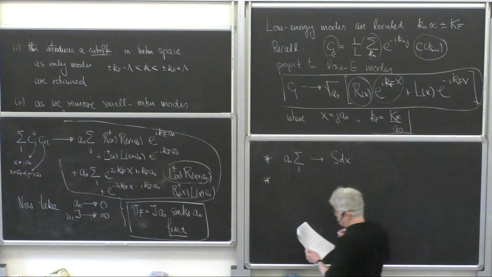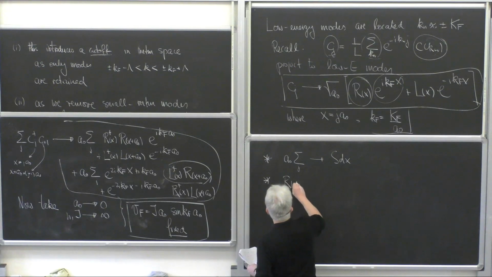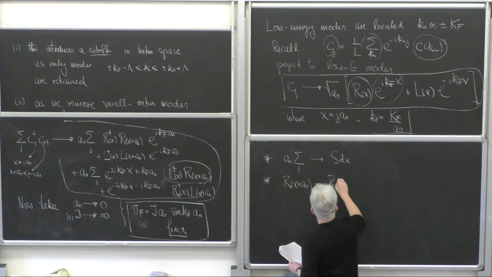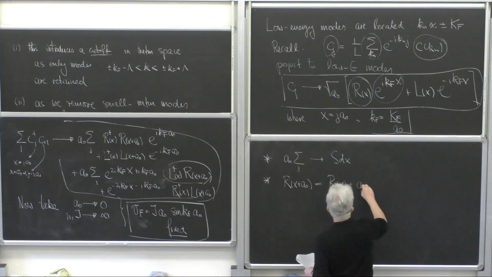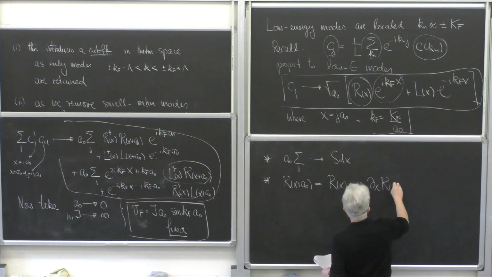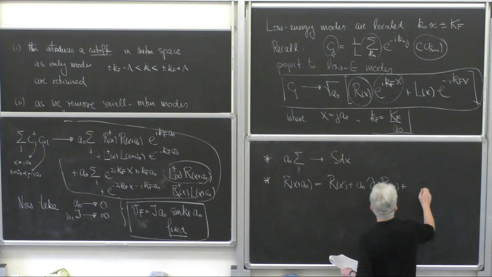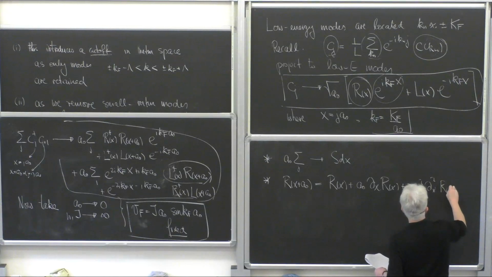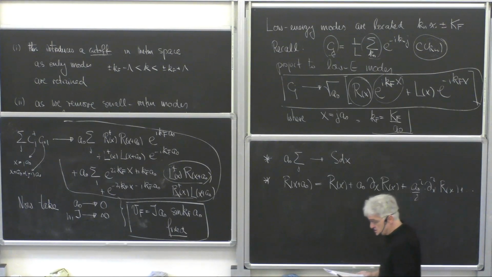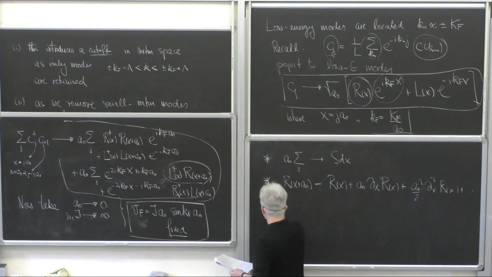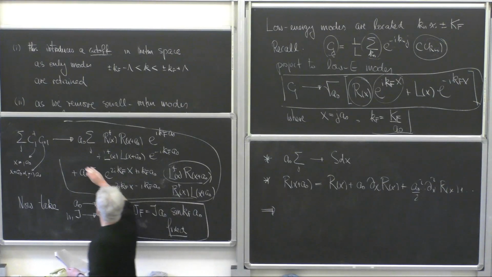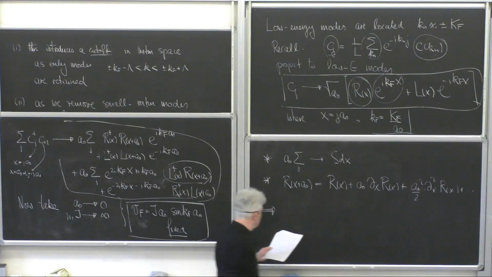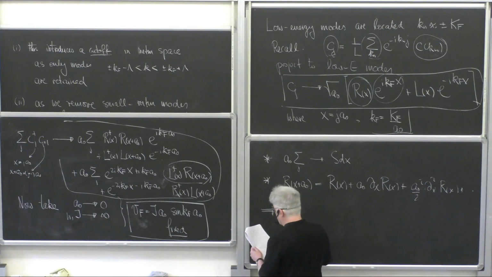So you have stuff like R of x plus a naught, you say is R of x plus a naught dx R of x plus dot dot dot, plus a naught squared over 2 dx squared R of x plus dot dot dot. So you just do this. Now you just substitute this in here. Now you get rid of sums and you get rid of the lattice spacing.